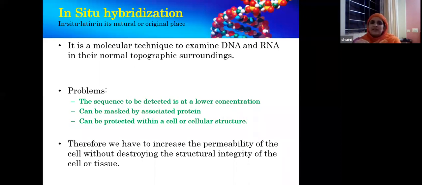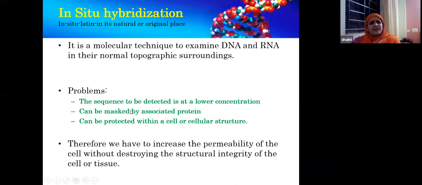But there we don't know where exactly that particular probe is going and binding, or where exactly in the tissue that nucleotide sequence is present. In order to find that out, we have to use in situ hybridization. So this can examine the DNA and RNA in its normal topographic surroundings.